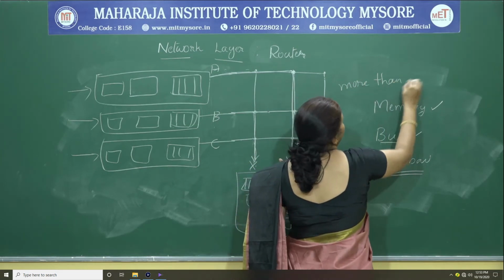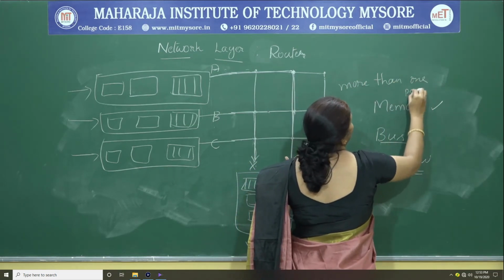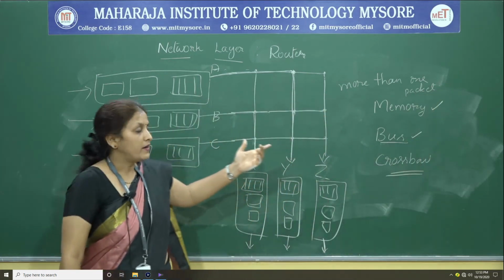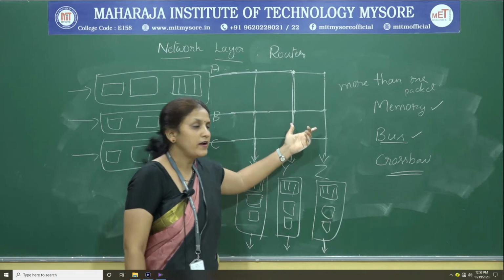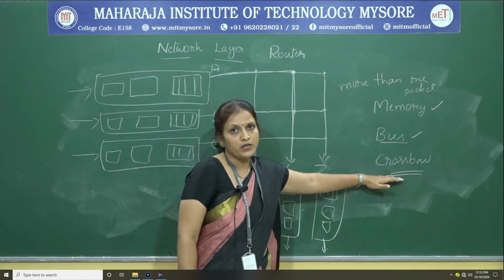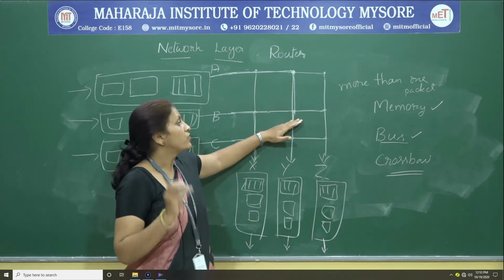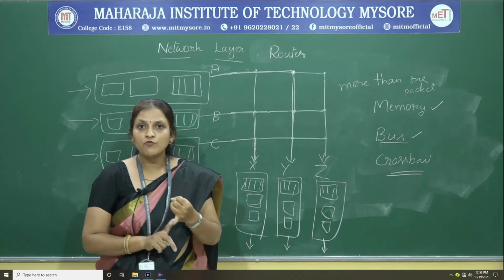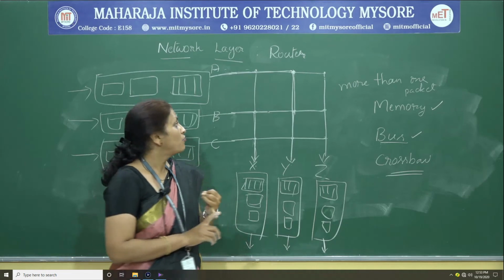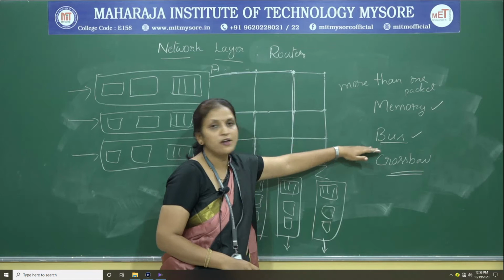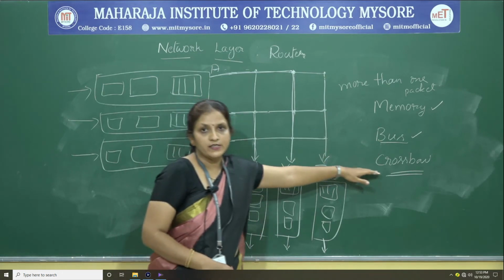We can switch more than one packet with the help of the crossbar connections that we have here, a grid-like pattern. So, the problem with the previous two approaches, when we were doing it with memory and bus, was resolved in this case.